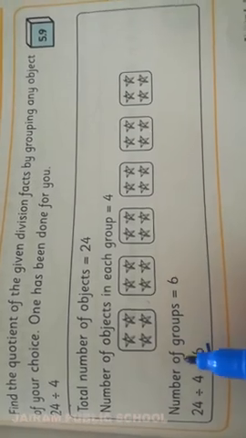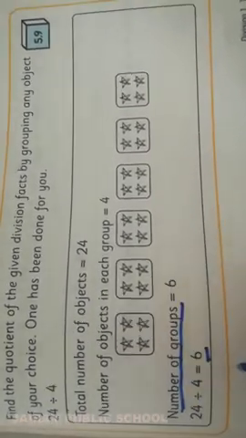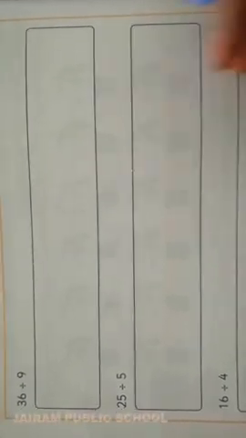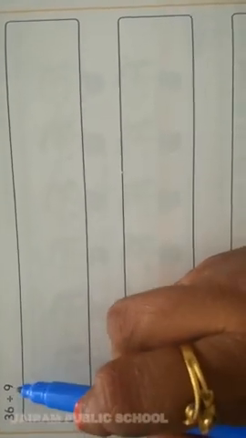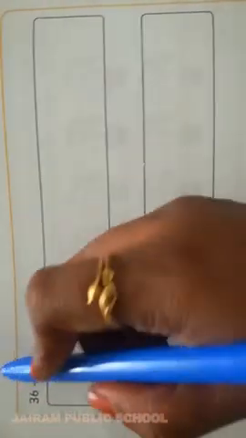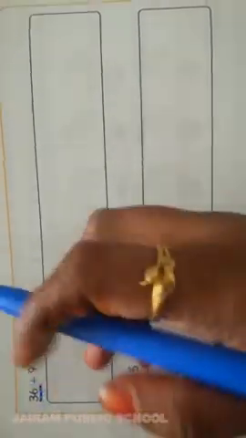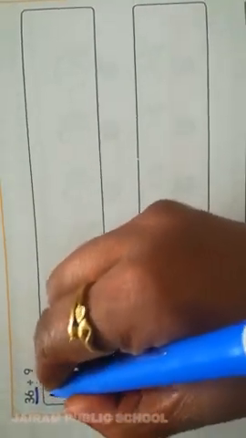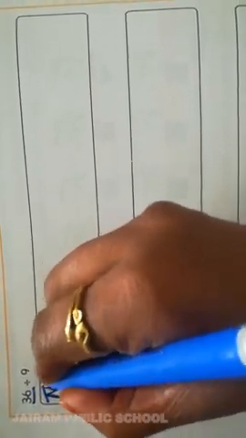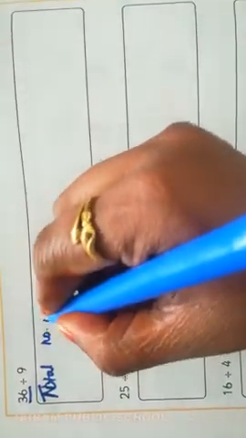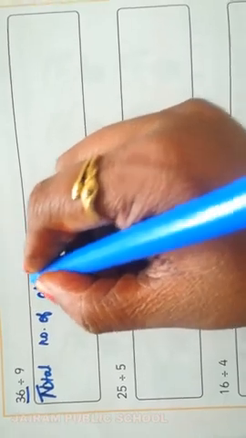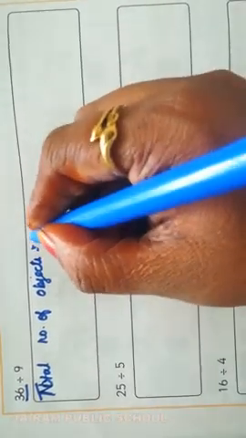Now, we are finding the number of groups, children. Now, studio book, page number 124, children. 36 divided by 9. First, number of objects is 36. Right here, total number of objects equal to 36.